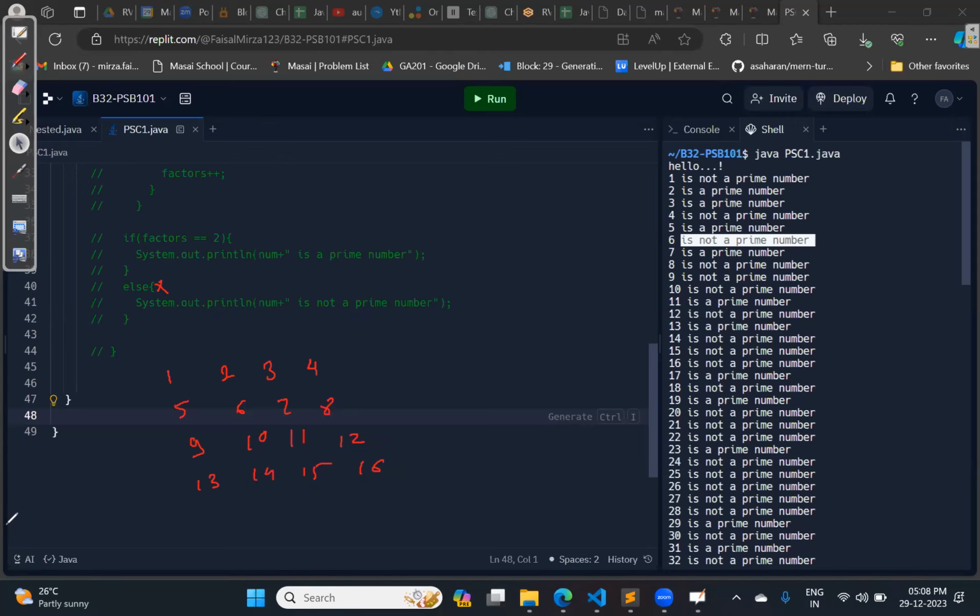This pattern I want to print. So, anyone who wants to volunteer? Sneha, you there?